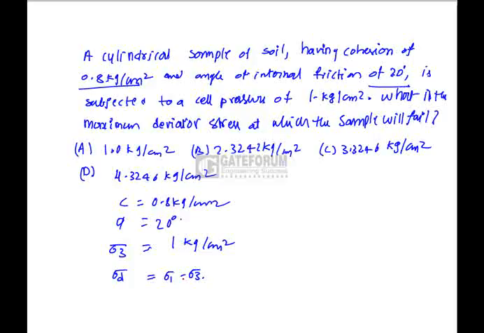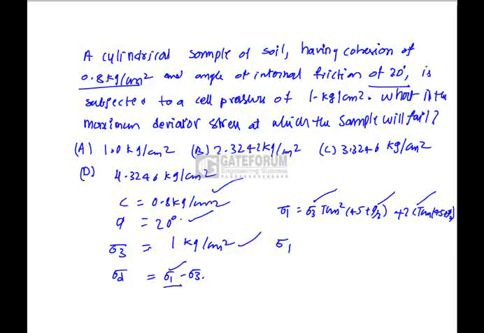So we have to find out sigma 1. Sigma 1 is equal to sigma 3 tan square of 45 plus phi by 2 plus 2c tan of 45 plus phi by 2. By substituting sigma 3, phi and c in this equation, we are going to get sigma 1 equal to 4.3246 kg per centimeter square, and we have to find out the deviatoric stress.